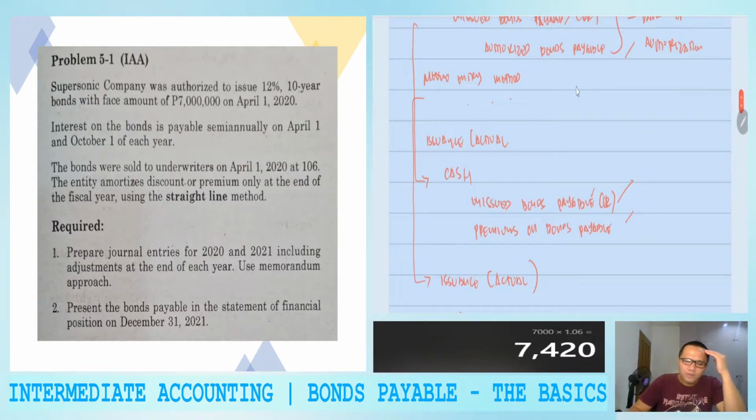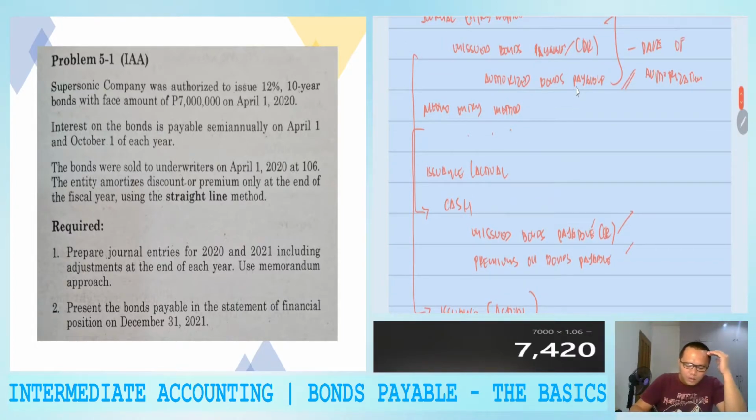During presentation, we need to present how much the authorized bonds payable less your unissued. So that would be your net bonds payable, meaning yung issued bonds payable.